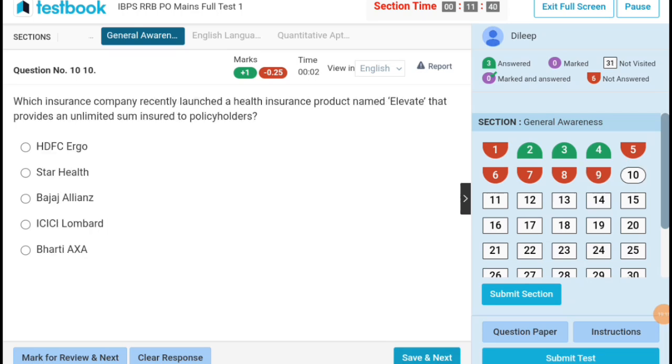Which insurance company recently launched health insurance? Elevate. I think ICICI Lombard.